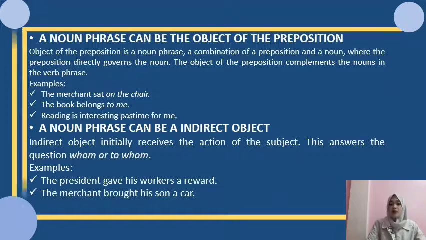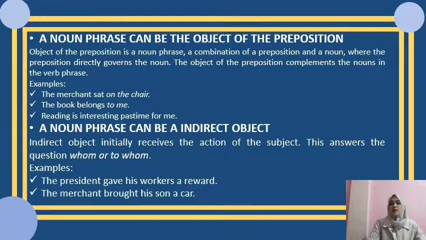A noun phrase can also be the object of the preposition. The object of the preposition is a noun phrase, a combination of a preposition and a noun, where a preposition directly governs the noun. The object of the preposition complements the noun in the verb phrase.